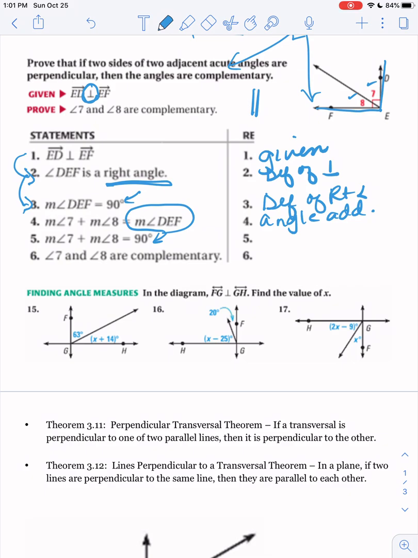Anytime in math when we replace something, that's called substitution. And the last step, we said, hey, we know if they have a sum of 90 degrees, we're allowed to call that complementary. That's what complementary means. So we're going to say that's definition of complementary says that they have a sum of 90 degrees.